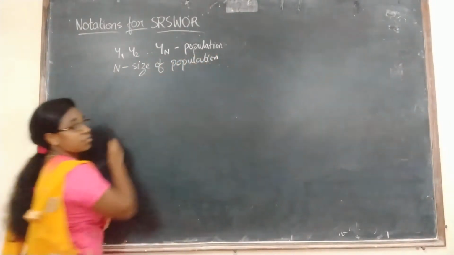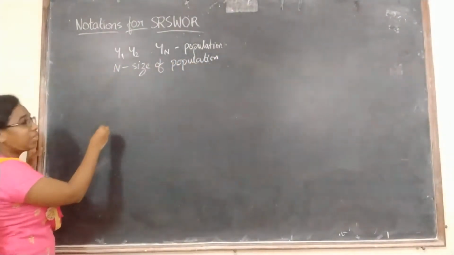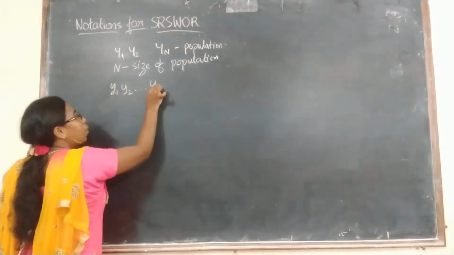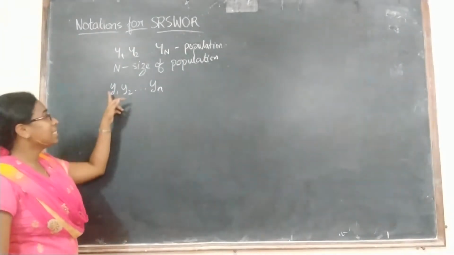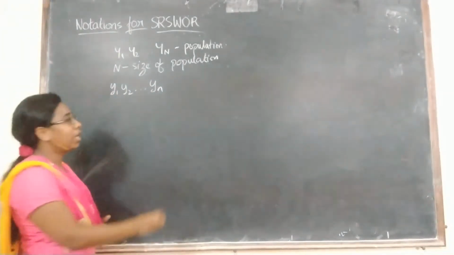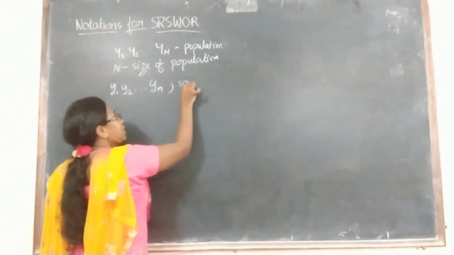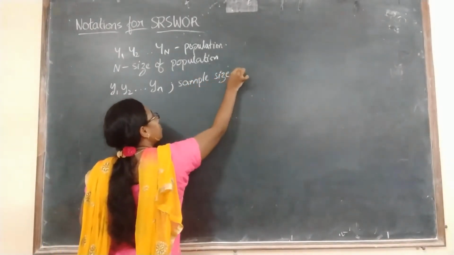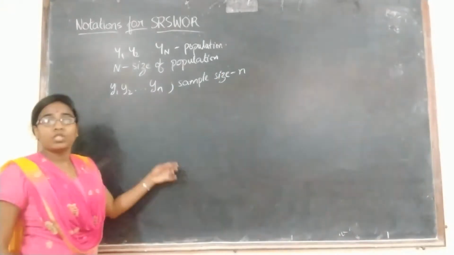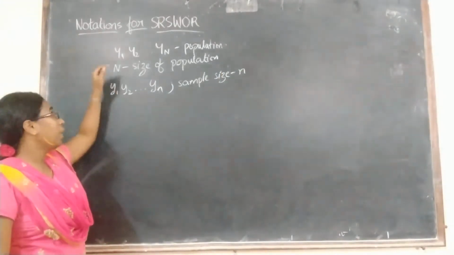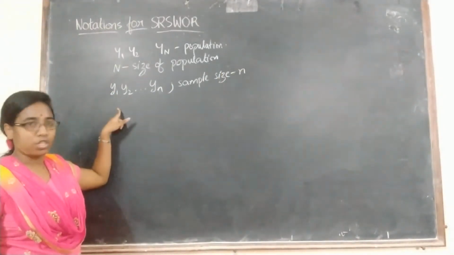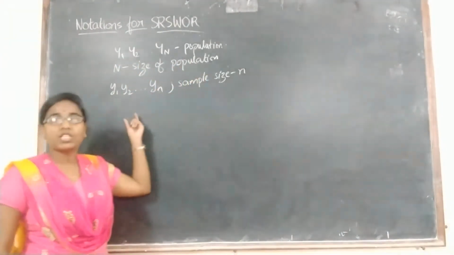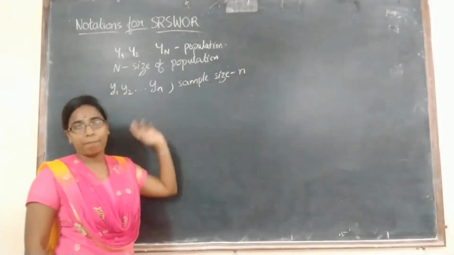Similarly, small y1, y2, and so on, yn are the sample values. Always the sample size is denoted with small n. In your theorems also you should be very careful while writing the capitals and smalls. Always the capital letters denote the population and the small letters denote the sample.